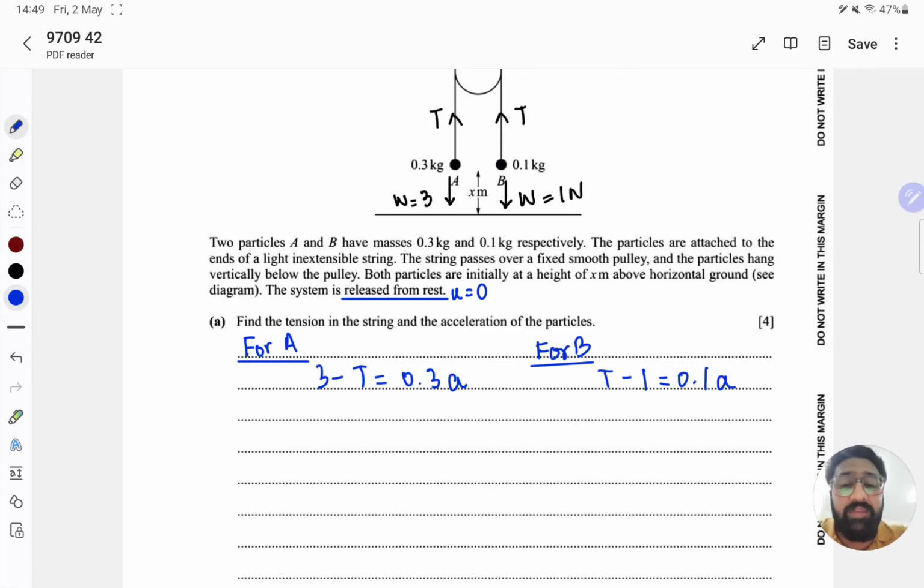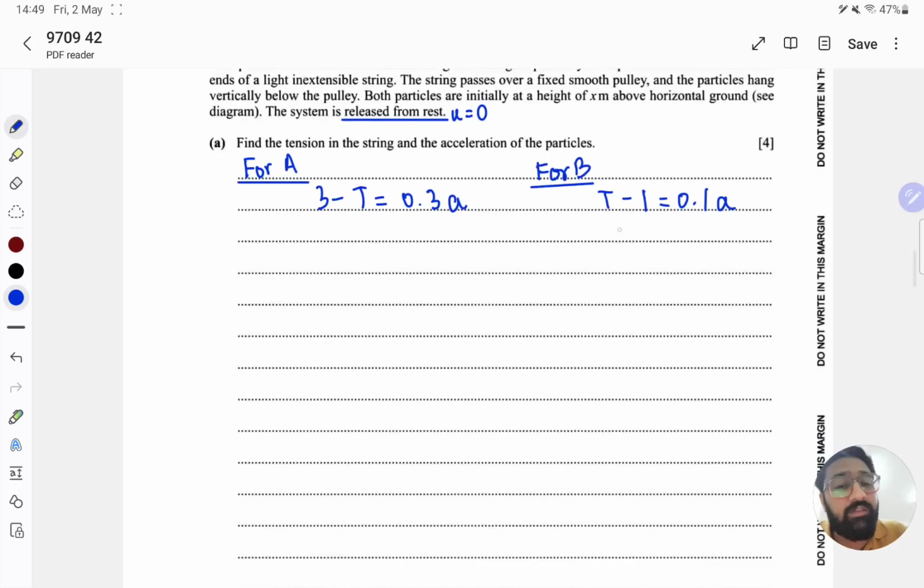Now we will simplify such that we make one of them the subject, so T is equal to 0.1 A plus 1. We have the value for T. Let's substitute it into the other equation.